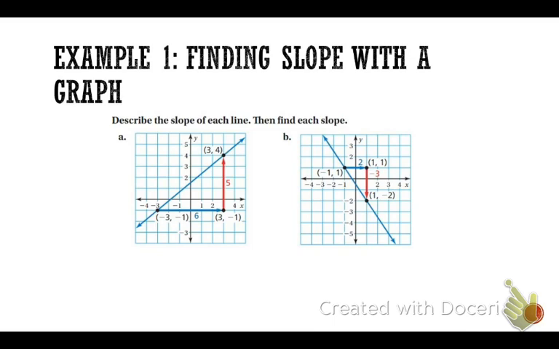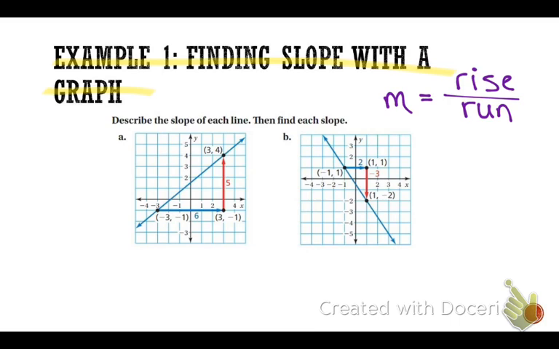If you have a graph and a line plotted on that graph, the easiest way to find the slope is to use rise over run. Remember, there's 2 ways to find slope. One of them is to count rise over run. When there is a graph, this is by far the easiest way. M equals rise over run.